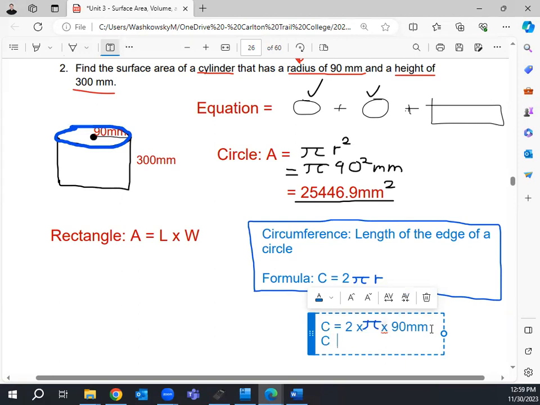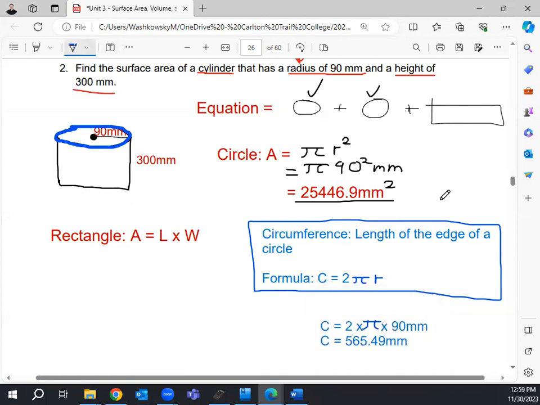So then all I've got to do is plug that into my calculator, 2 times pi times 90, and I should get 565.49 millimeters.